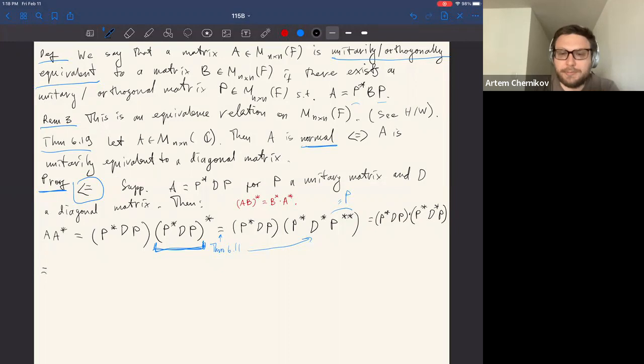This gives us P star, D, P, P star, D star, P, right? A product of a bunch of matrices, but note that here we have P times P star. And remember that P is assumed to be a unitary matrix, so let's utilize unitarity here.